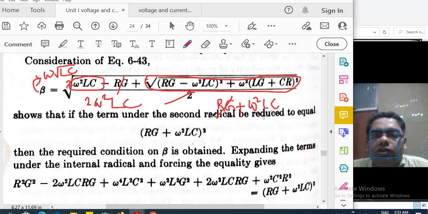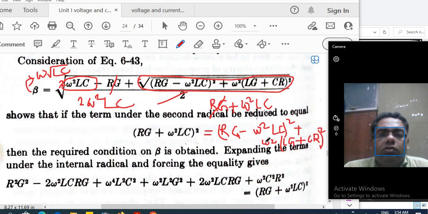What is my requirement? This term, rg minus omega square lc, should be equal to rg plus omega square lc squared.